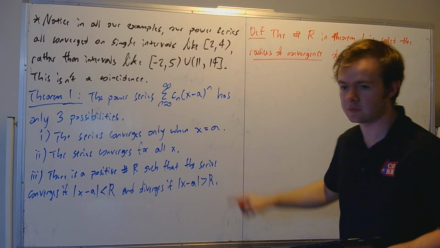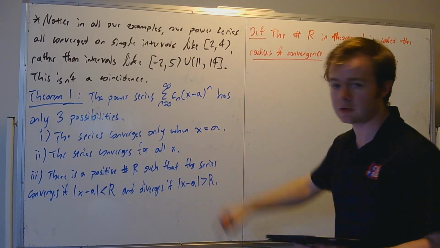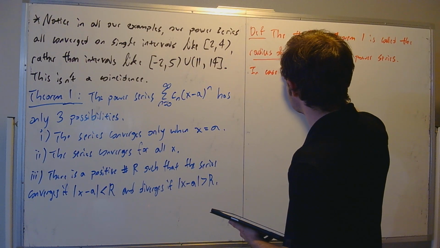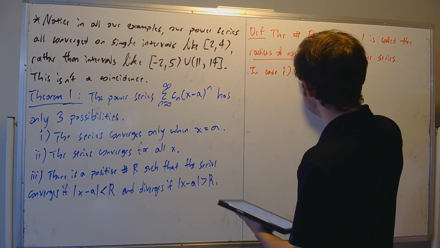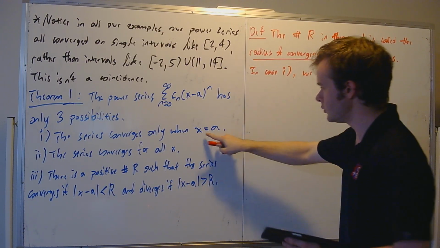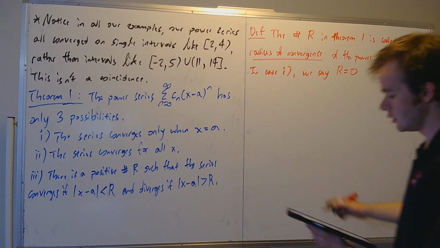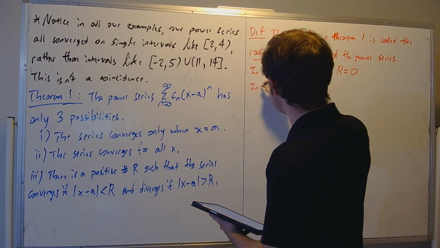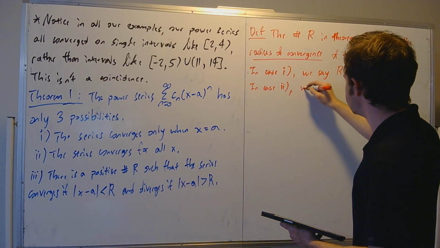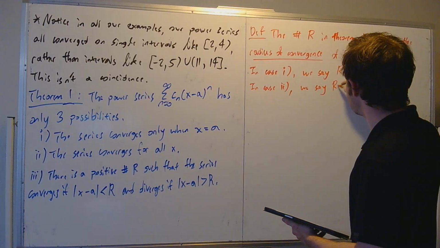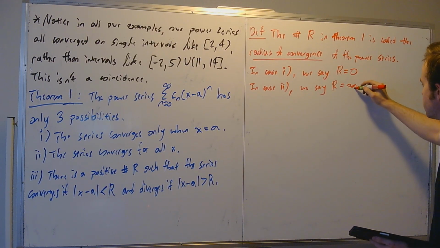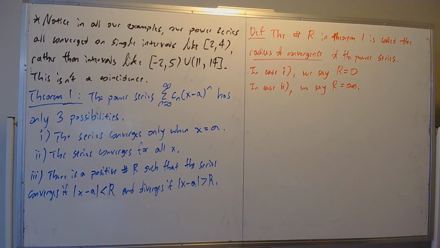So in case 3, we can figure out exactly what r is equal to, but what about cases 1 and 2? In case 1, we say r equals 0 because it only converges when x is equal to a, and we'll say in case 2, we say r equals infinity because it converges for all values of x. So we're going to say here that r is equal to infinity.